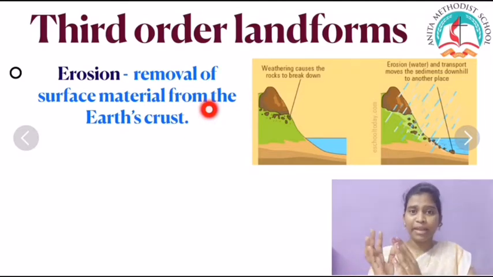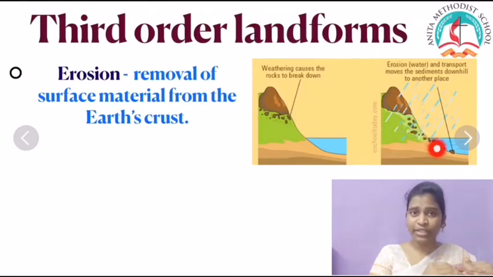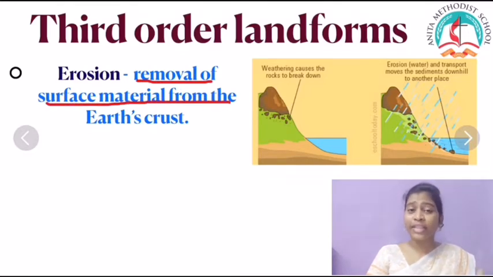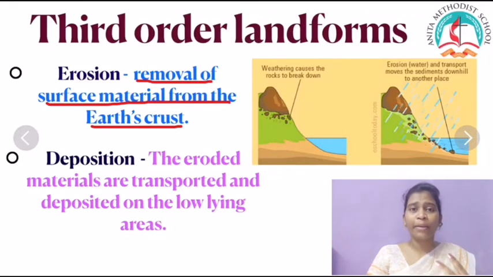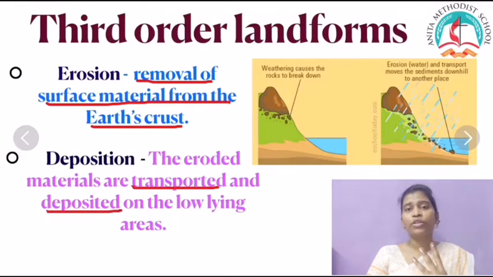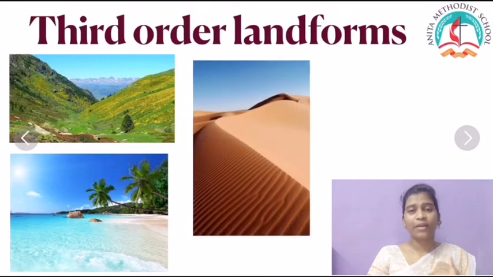When these materials get removed, they get transported and then get deposited or settled in the low-lying areas, and this settlement is what we call deposition. So that's how the upcoming three landforms are formed on mountains, plateaus and plains. The three landforms which come under third order are valleys, sand dunes and beaches.